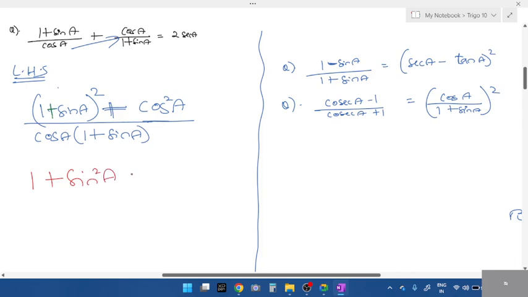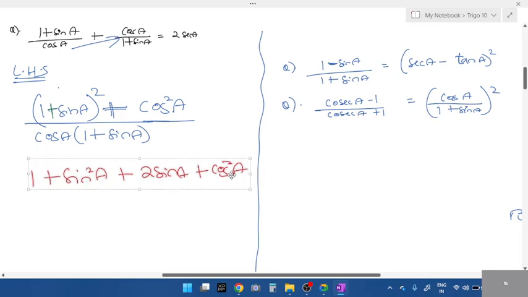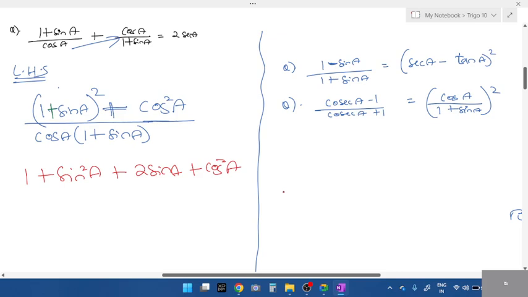Plus, correct, 2 sin A, right? Plus cos square A. Okay, what is your doubt? You wanted to convert which one? No, no, tell me which one? Which one you want to convert?